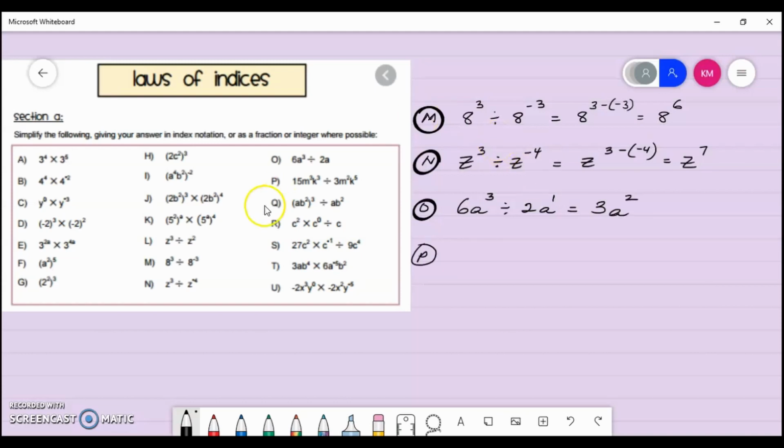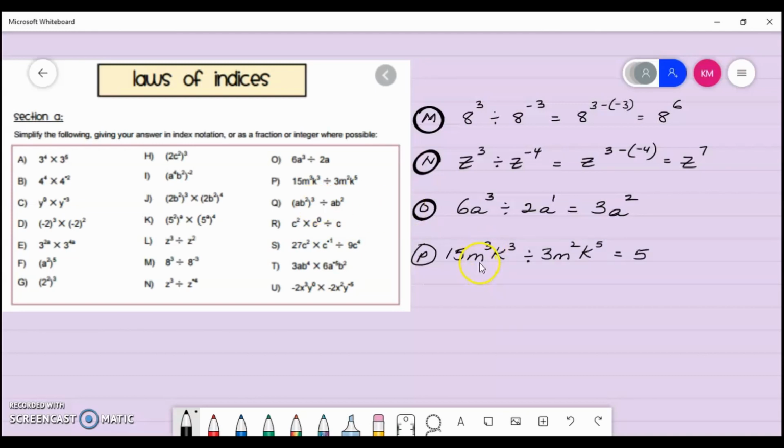Next, 15m to the power 3, k to the power 3 divided by 3m squared, k to the power 5. So this is similar to that question we just worked. I simply need to divide 15 by 3 and I'm going to get 5.